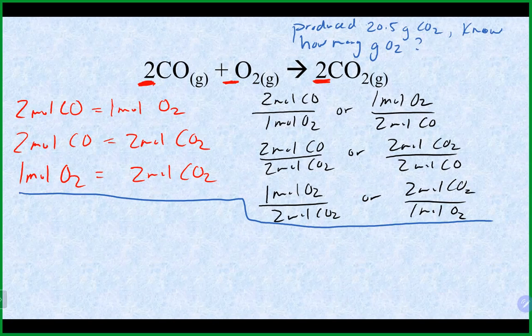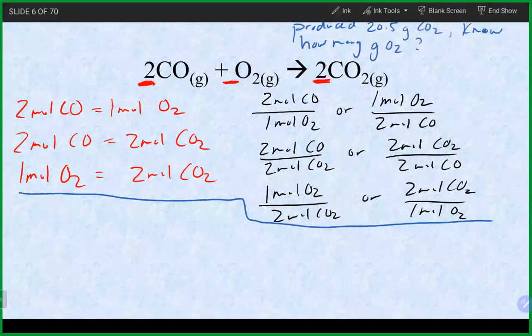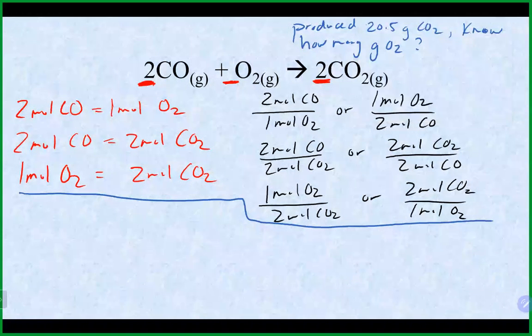So we're going to run through the basic stoichiometry steps like we've been talking about. And I know it's a basic stoichiometry problem because I'm just given one piece of information.